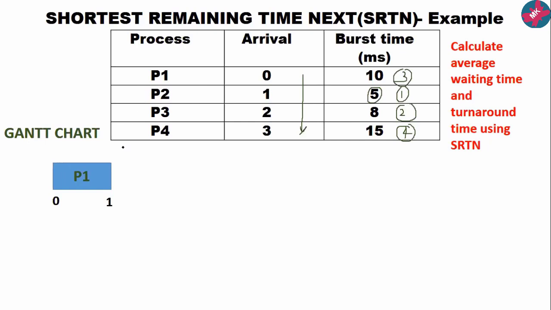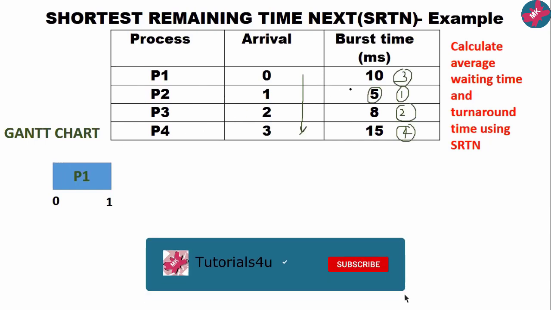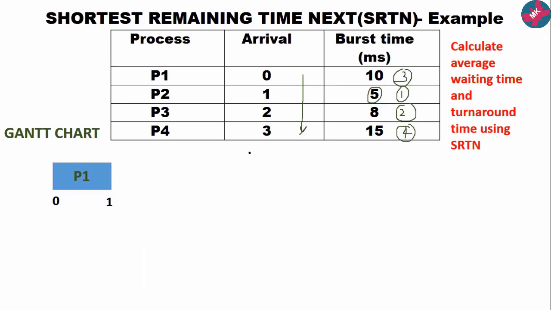And who will get the next CPU? P2 will get the next CPU. Next, if you observe, one by one all the processes are coming. After the second millisecond, the system will again observe P3 has arrived, but it has a CPU burst of 8 milliseconds.